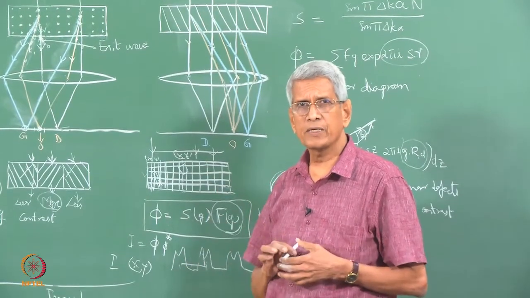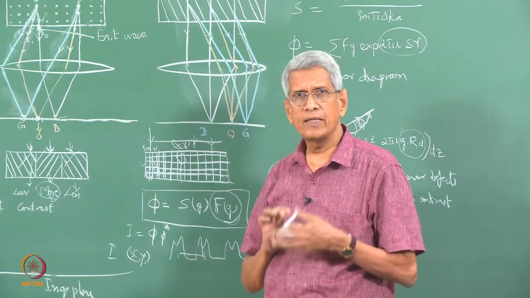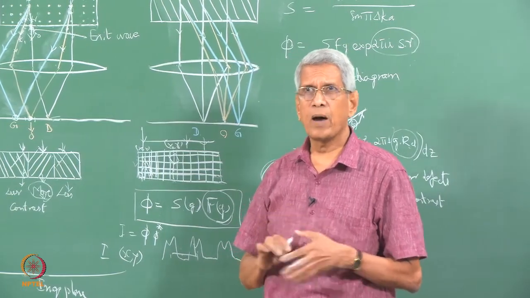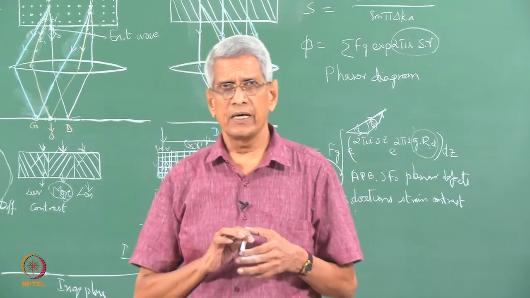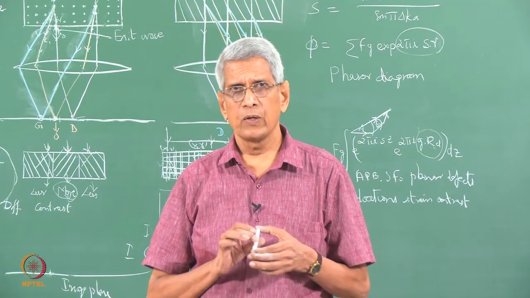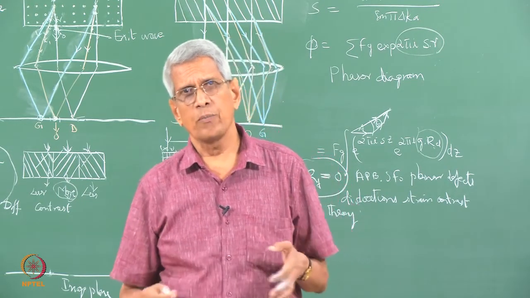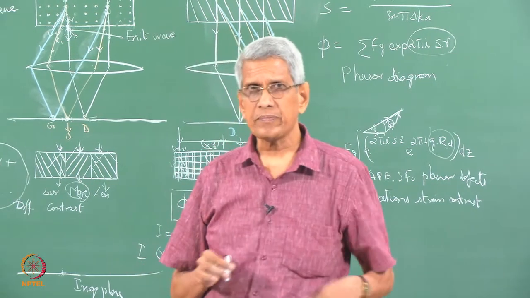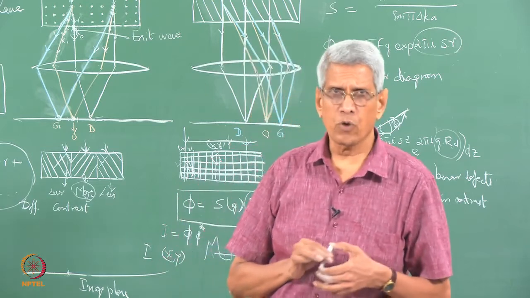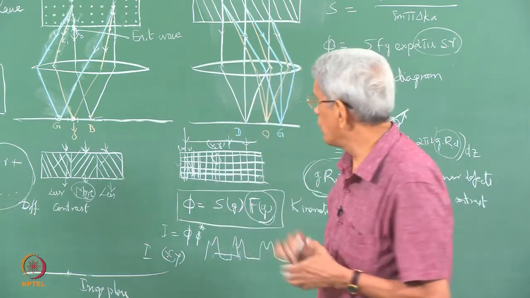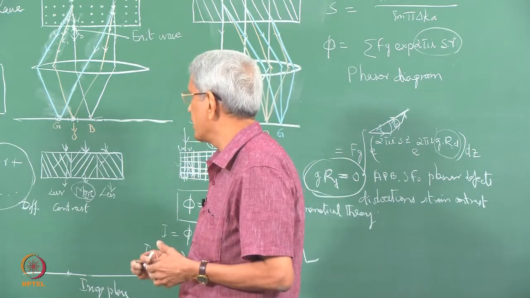For a point object, a point image can be obtained. But we know that all lenses have some aberrations associated with them. These aberrations are spherical aberration, then coma, astigmatism, then pincushion and barrel distortion, then chromatic aberration, out of which spherical aberration is inherently a property of the lens.